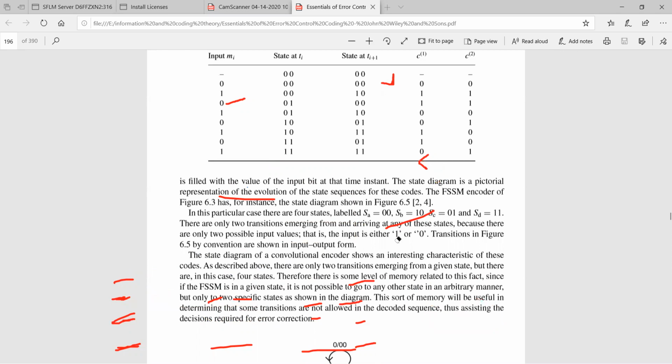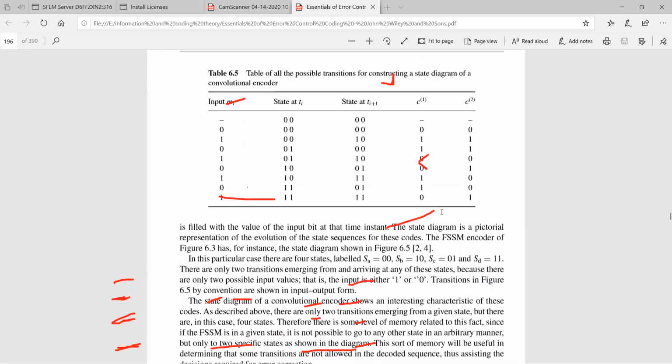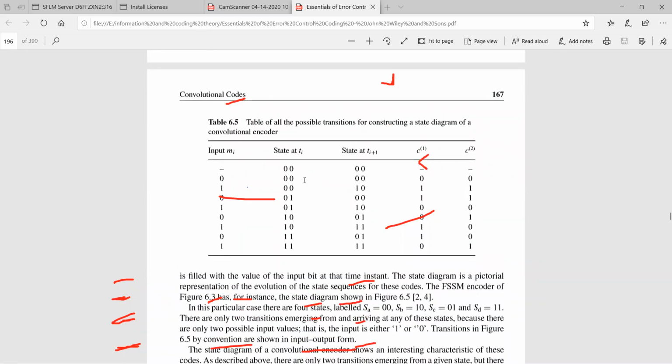Okay, so here you can see that this is 0 0, right? You just follow, this is 0 0, and for this 0 0 state, we are considering it as a present state, and for this 0 0 condition, we are considering two possible values of input, which is 0 and 1.